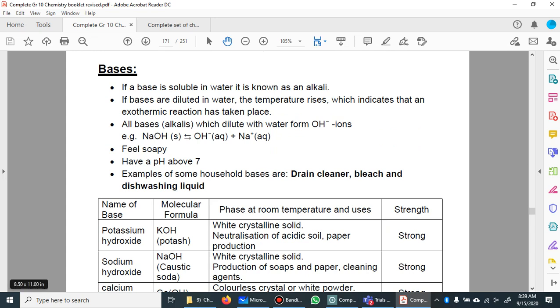Okay, another one is sodium hydroxide. And write down these common names. Again, nothing is preventing them from asking you in a test what is potash or what is caustic soda. So this is the one that's often in soaps, sodium hydroxide.